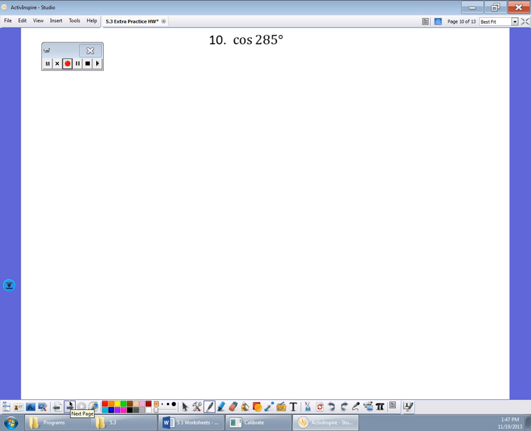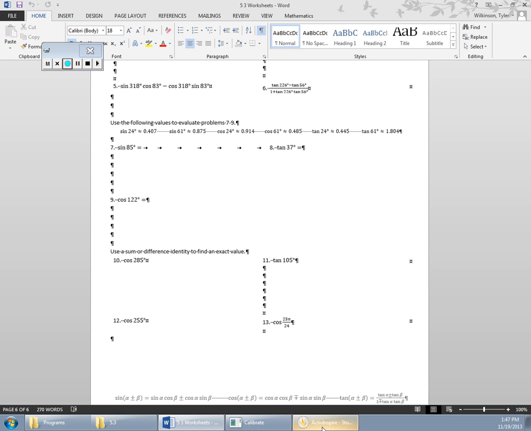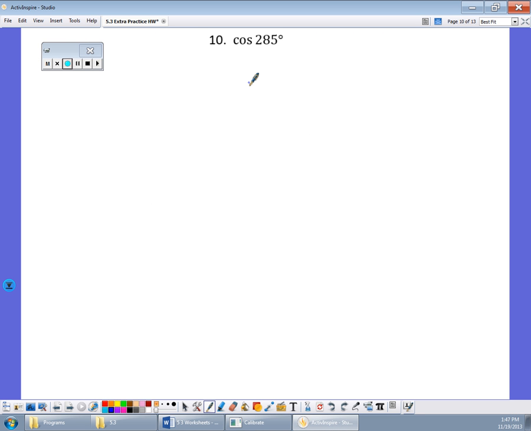All right, now I believe we get into the last section, which is similar to what we did on last night's homework. So here, again, we need to think of two angles that we know the reference angles for that will add up to 285. So I know that 225 plus 60 will add up to 285.